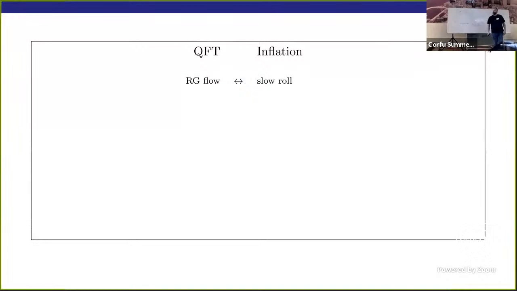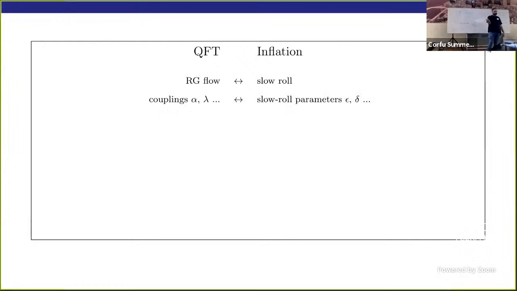I want to start with a parallelism between quantum field theory and inflation. This anticipates a little bit what I'm going to say in the next slide, but it gives an idea. What is the RG flow on the quantum field theory side will be the slow roll phase in inflation.